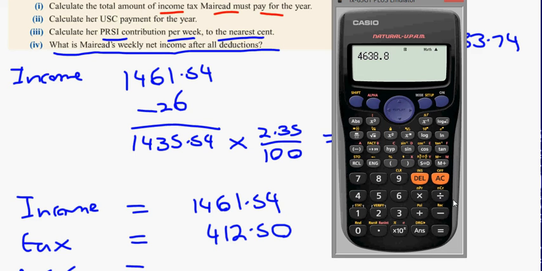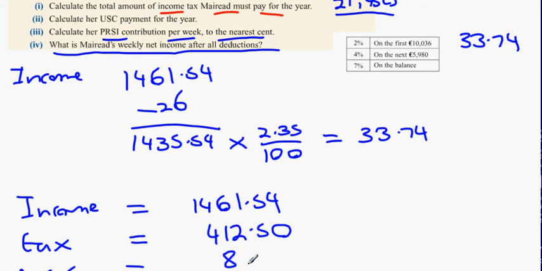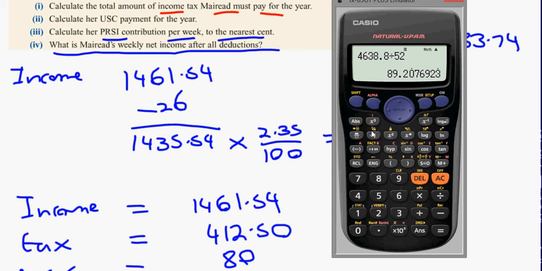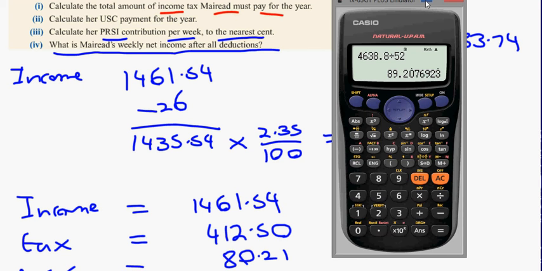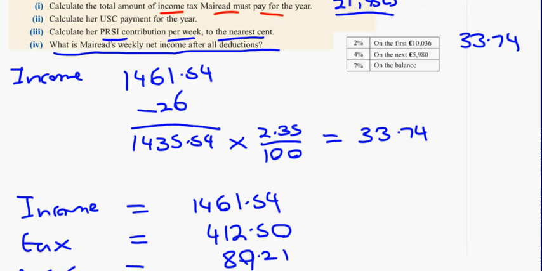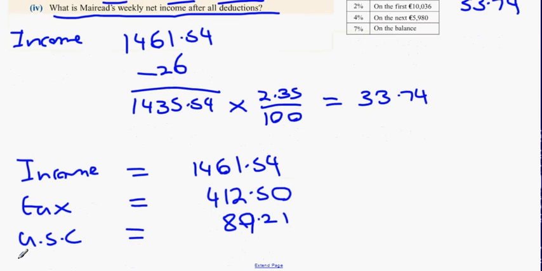Now you have to divide that by 52 because you want to spread it over the 52 weeks. So what we get here is €89.21. Okay, and then we've got to take away her PRSI.